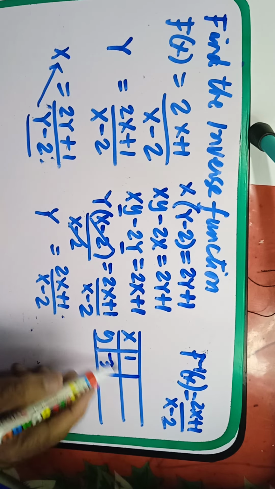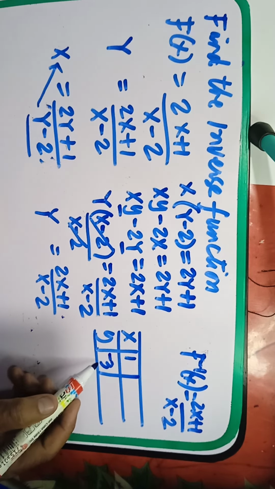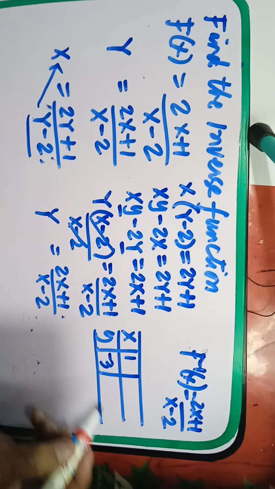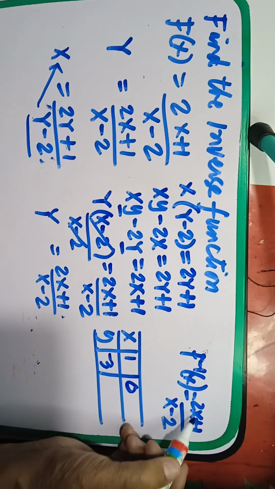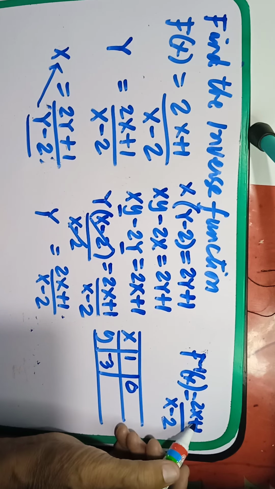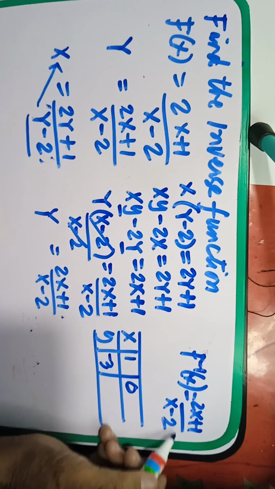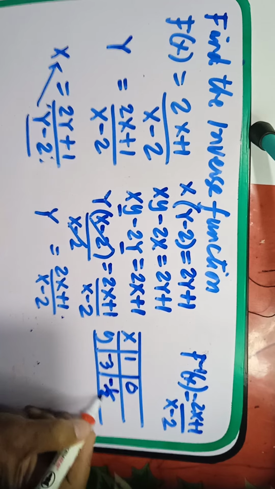Look, in every one value of x, there is only one value for y. So say for example, we have 0 as x. So plug in 0 here, plug in 0 there. So what remains is 1 over negative 2, and therefore y is negative 1/2.